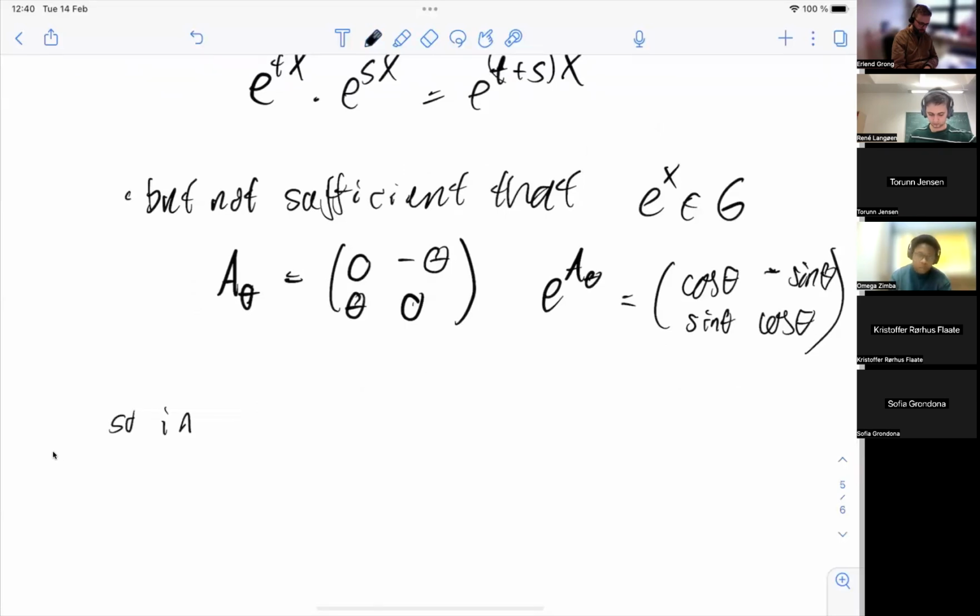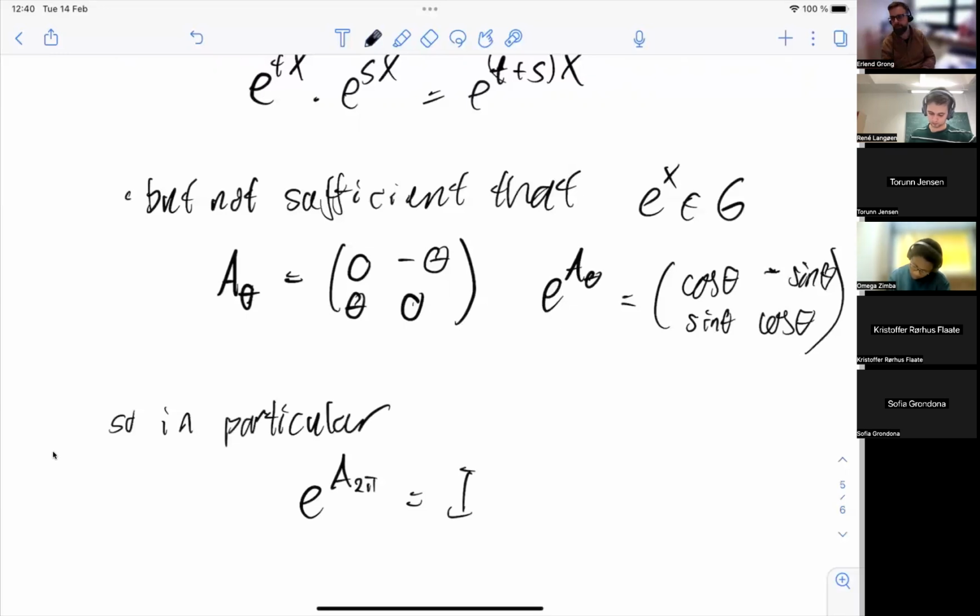So in particular, e of A of 2 pi is just the identity matrix, right? So it means that e to the power 2 pi will be in any Lie group, any matrix Lie group. That does not mean that e to 2 pi is in the Lie algebra, because we need it to hold for any t in between.